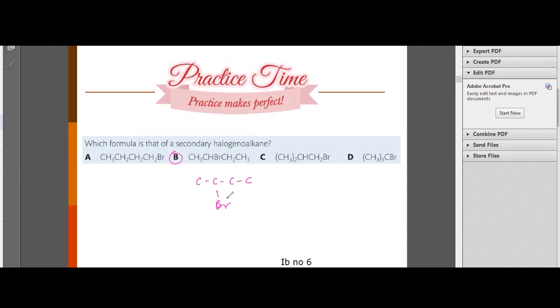So this is secondary. Why? Because bromine attaches to a carbon that attaches to two other carbon atoms. A is primary. C is primary as well, right? And D is tertiary.